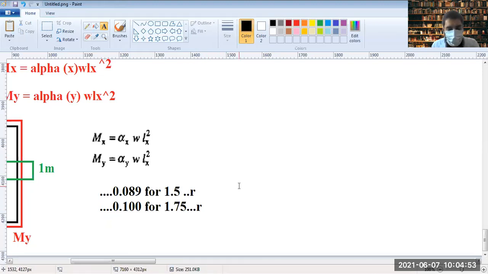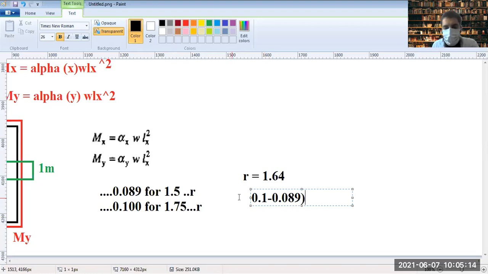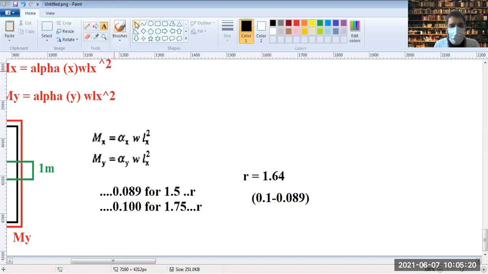Can you now determine alpha x for r of 1.64? How do you do that? What is the unit change of the value of alpha x? It is 0.1 minus 0.089, the change in alpha x, over how much of a change in r?